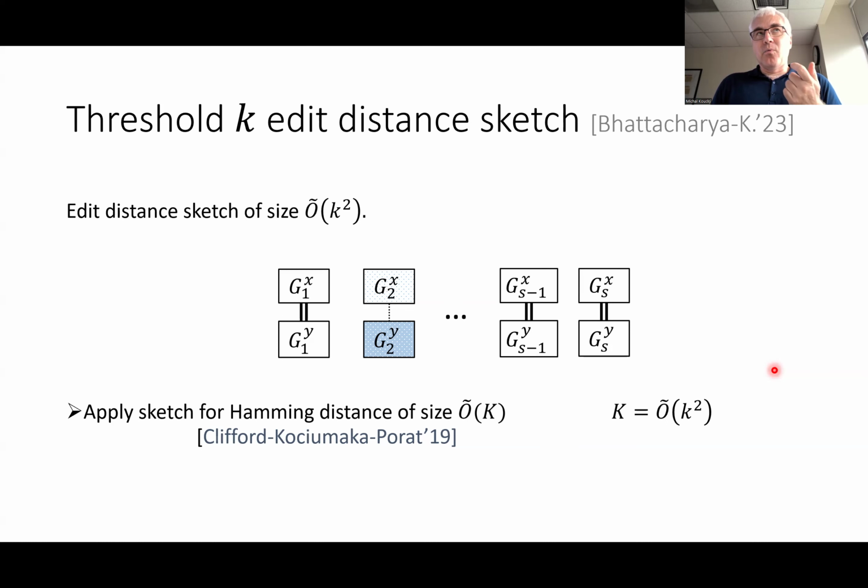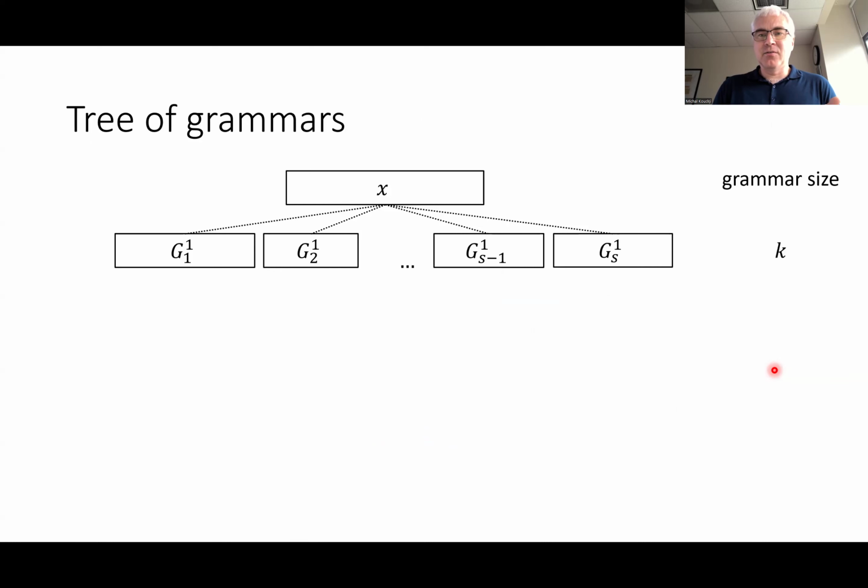Well, in the case where the errors are spread, it's kind of inefficient to use k bits to encode each grammar. So a natural idea is to try to decompose the strings further, and that's actually what our approach is.